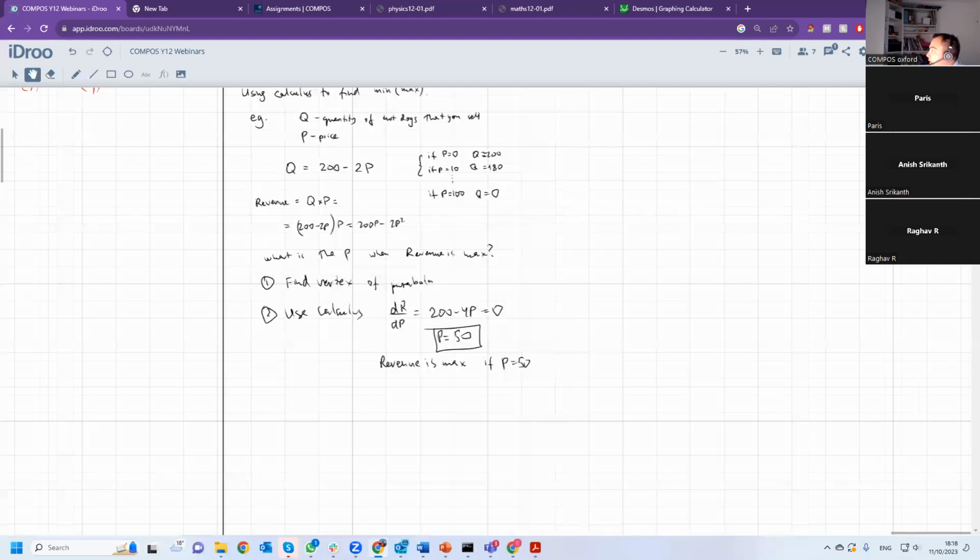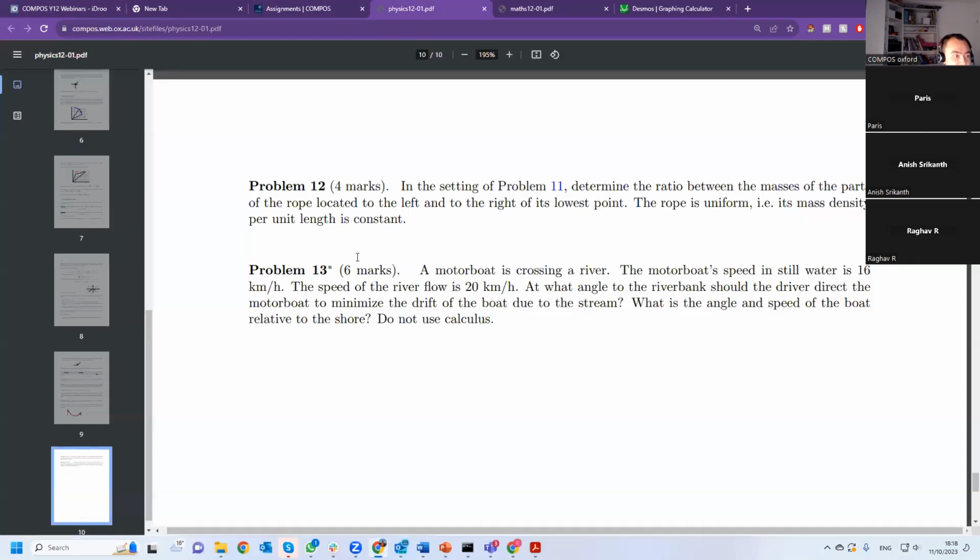For question 9, can I use v equals dx/dt to find the speed, or do I need to use vectors? Let's see. So what is question 9?